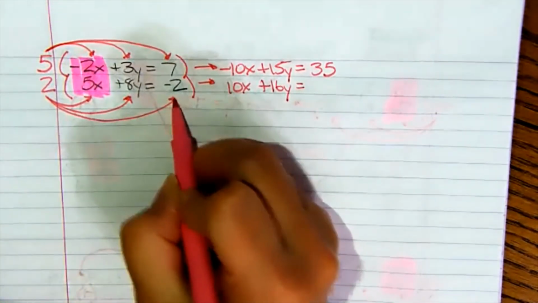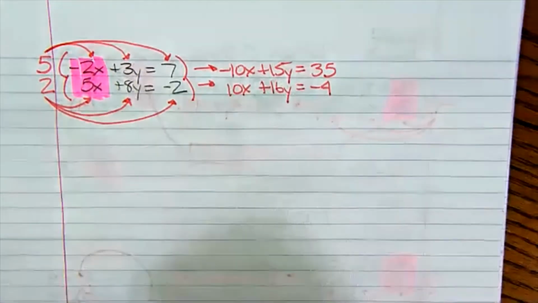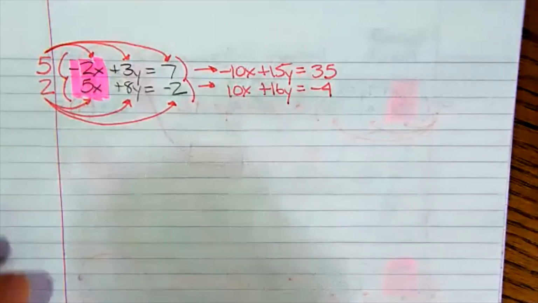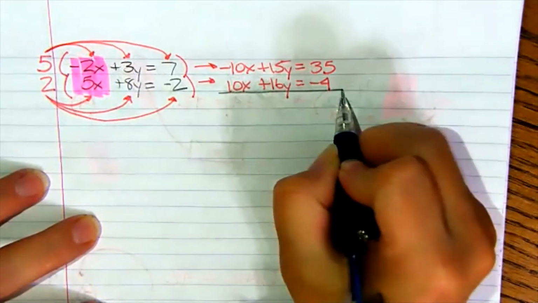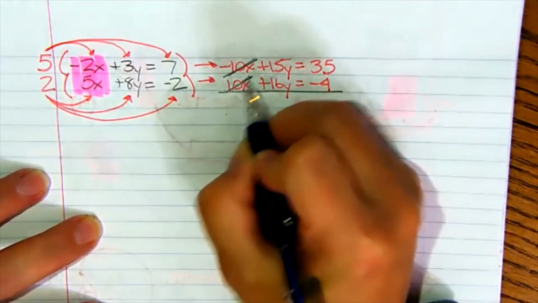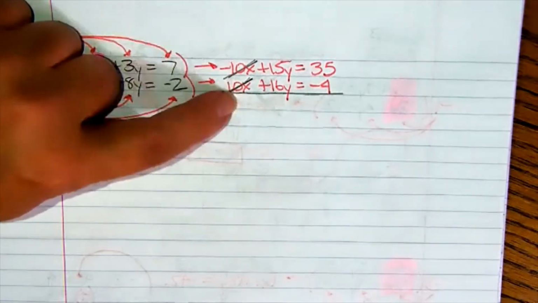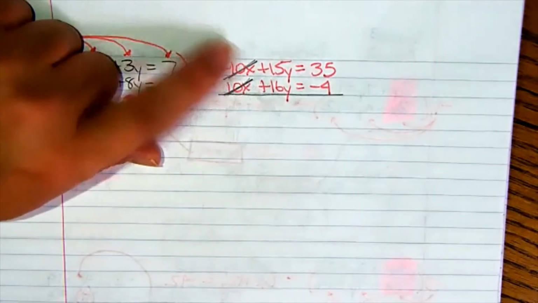And 2 times negative 2 is negative 4. Now I can combine my equations, and I see that this term cancels. Negative 10x, positive 10x cancel. They have been eliminated.